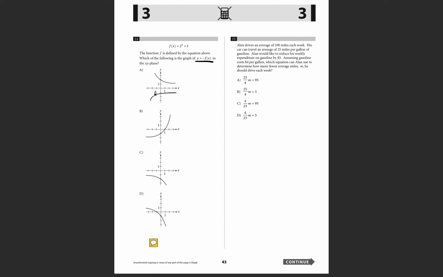However, this graph is not the correct graph for the original function, because it's an exponential graph. 2 to the x should be something like this. So if it's symmetric to the x-axis, it should be something like this, which is the correct answer, choice D. Sorry, I mean choice C.